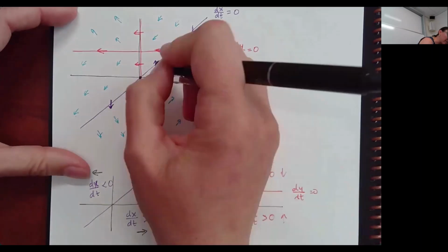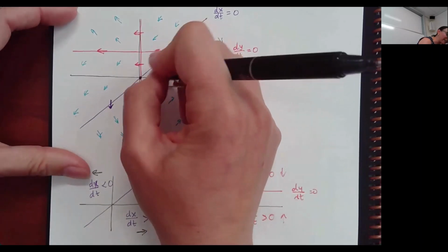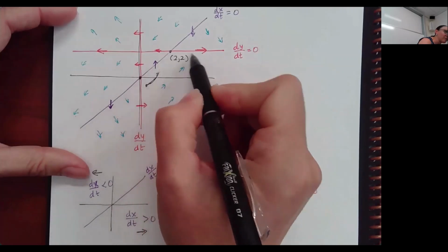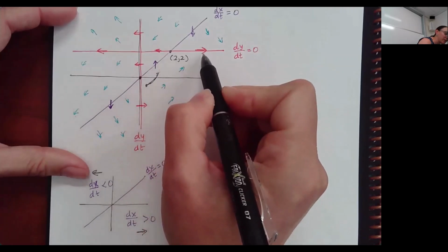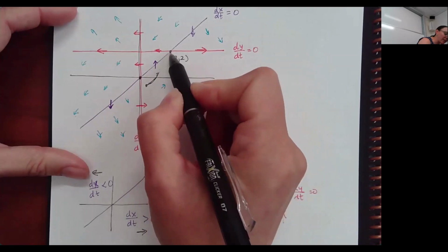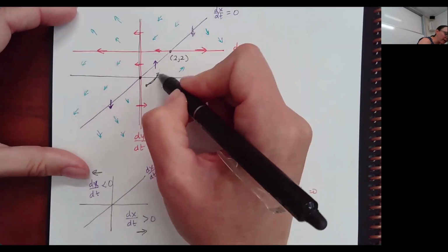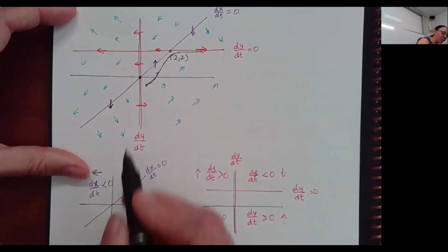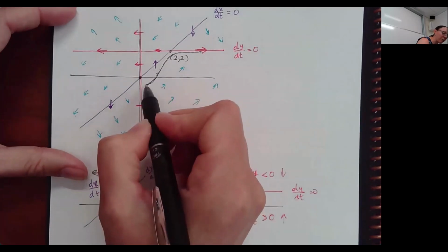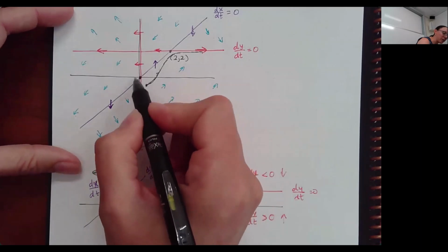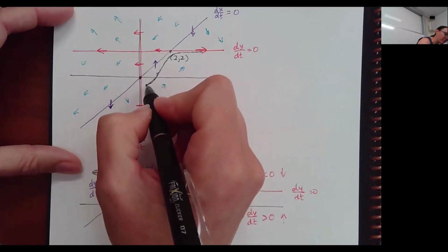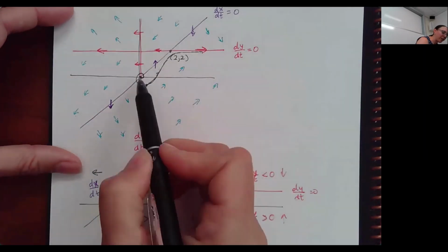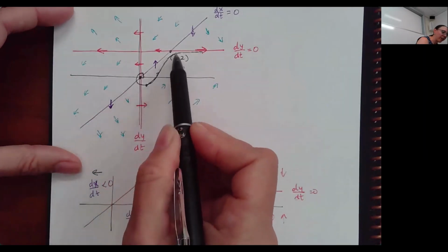So one of two things is going to happen, right? I'm either going to end up doing this or I'm going to end up doing this. So the behavior near that other equilibrium, I'm going to start looking like a saddle. The behavior over here, if I kind of work backwards in time, this was a spiral. So I'm spiraling out and heading over there.